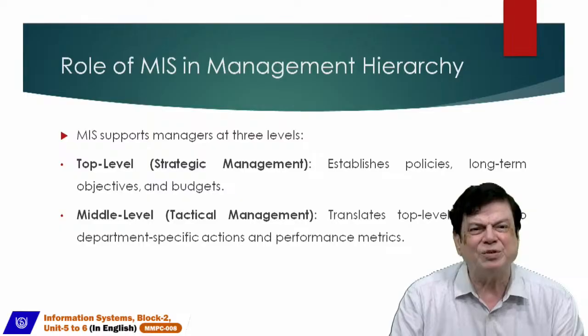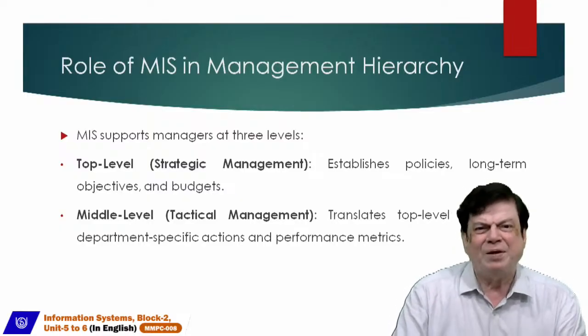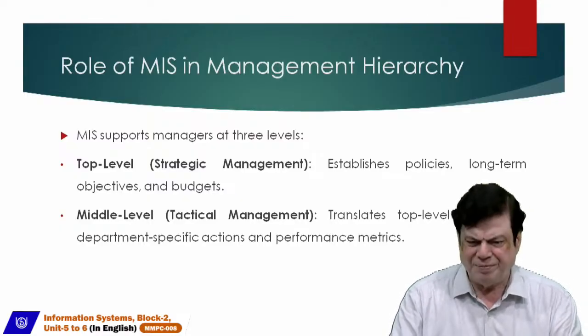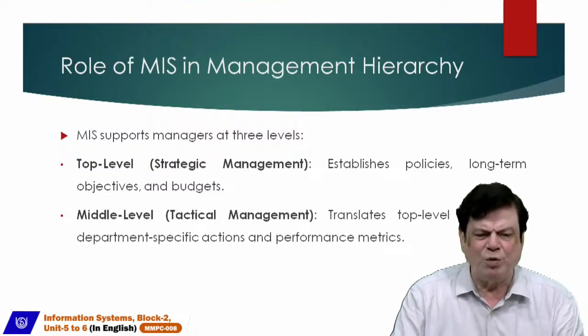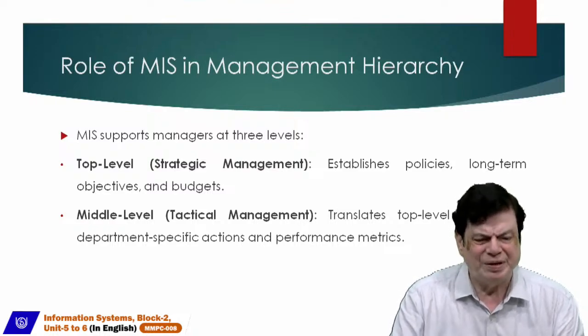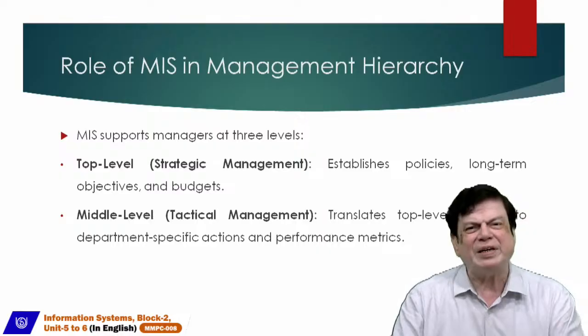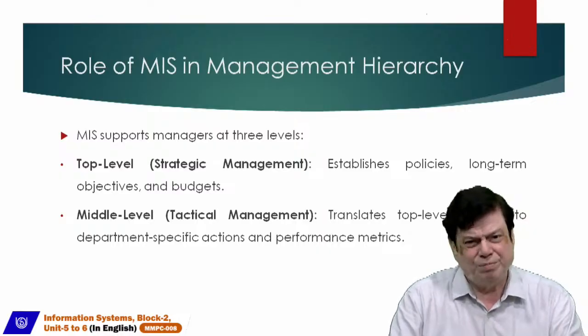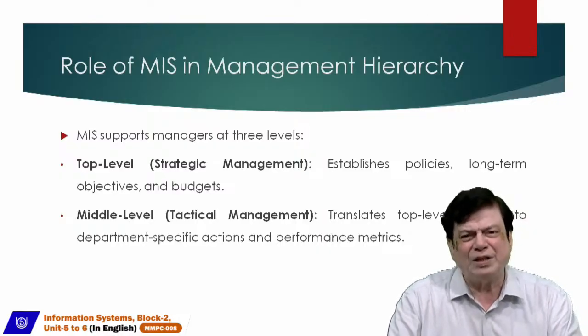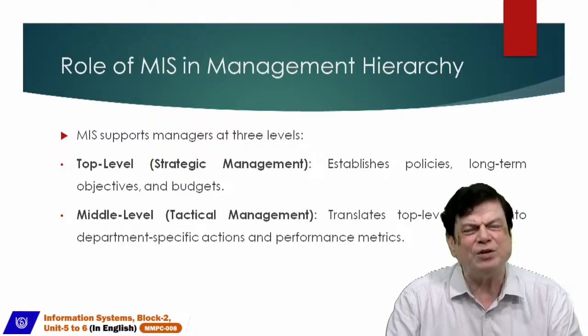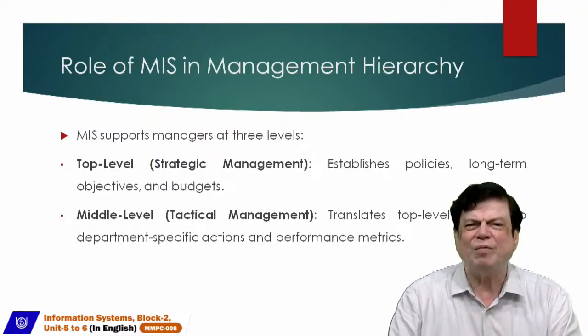So they come in middle level. They translate top level plans into department specific actions and performance metrics. So the head of Gujarat will tell all the branch heads of Gujarat branches. Similarly, all the states' heads will tell their respective branches. And top level is the CEO of the bank.